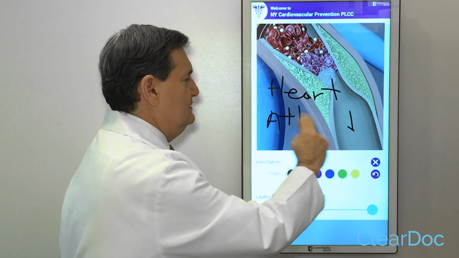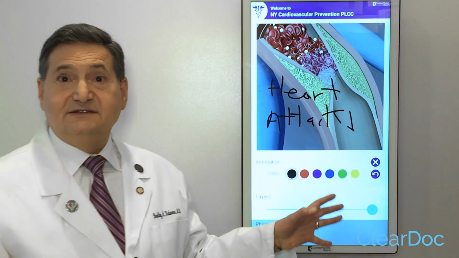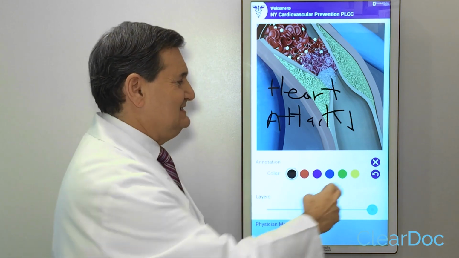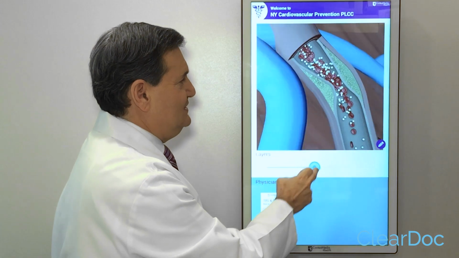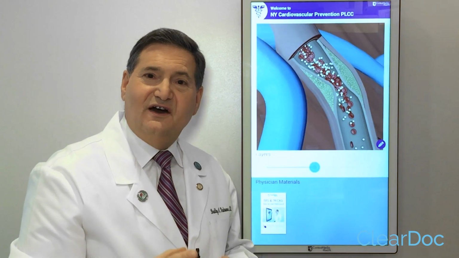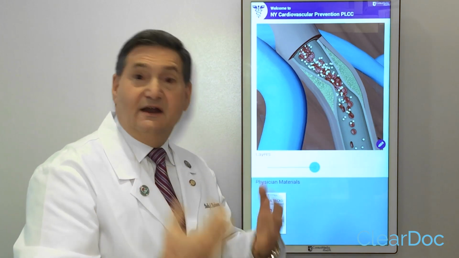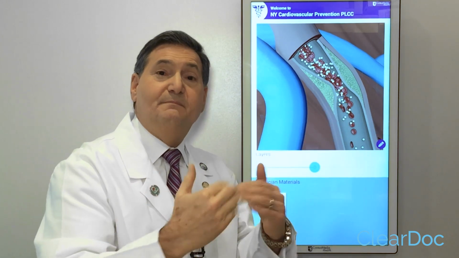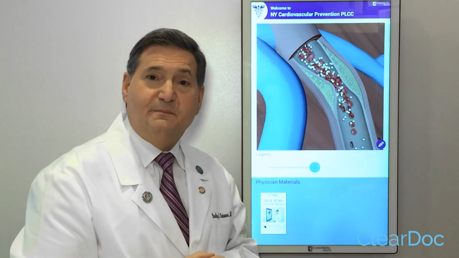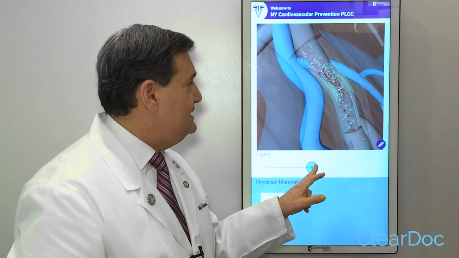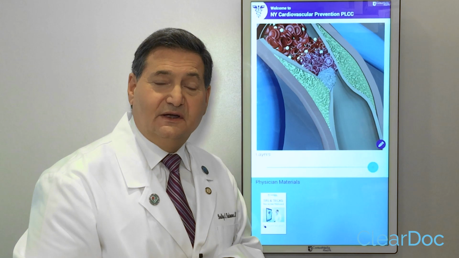So, the medications that can prevent this are the medications that stabilize this cholesterol accumulation on the sides of the artery and prevent the cholesterol from popping through. In other words, preventing it like we prevent a pimple from bursting. But here, when the cholesterol bursts open, it's popping open into the bloodstream and causing a heart attack to occur.